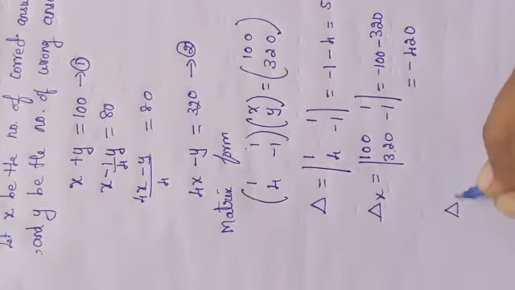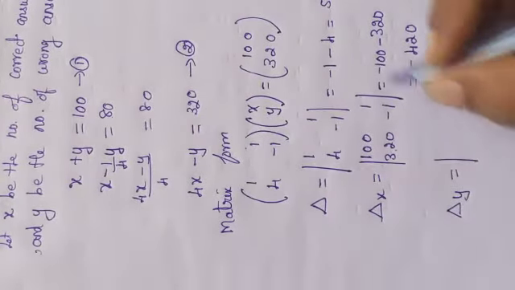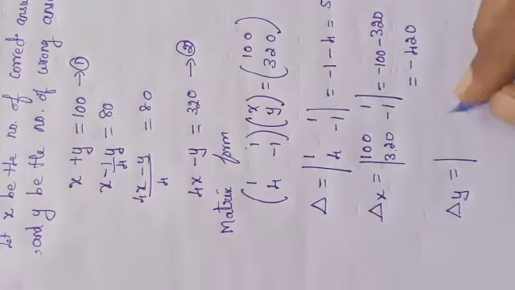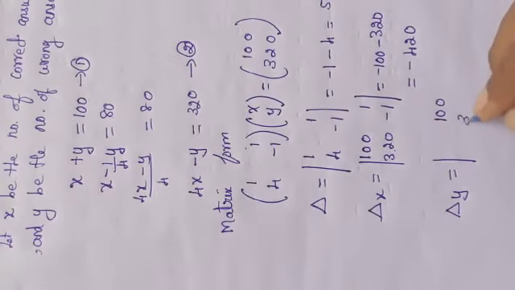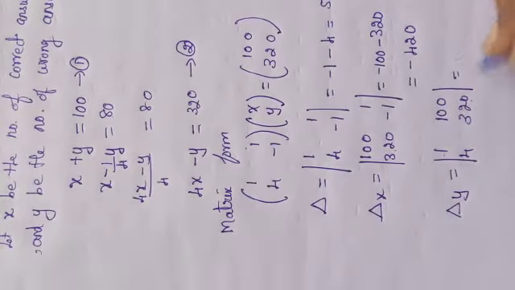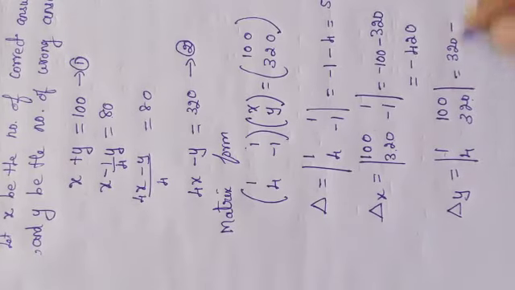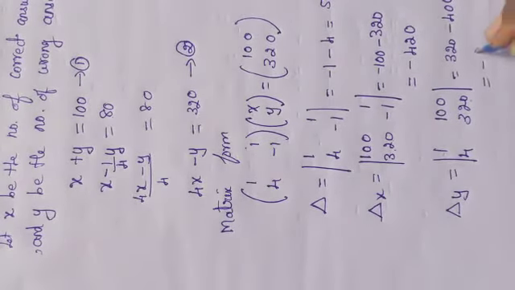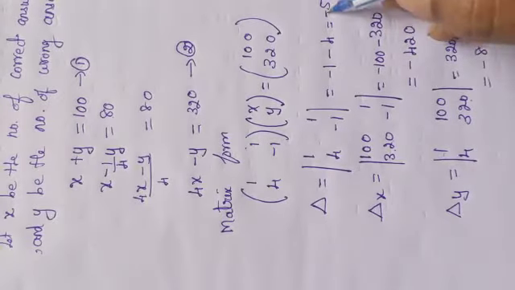Then delta y. In place of the y column, we substitute the constants. 1, 4, 100, 320. So 320 minus 4 into 100, which is 400, so we get minus 80. See here, minus 1, minus 4, minus 5.